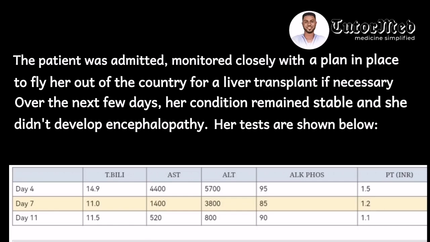And through till day 11 on the ward, the bilirubin had come down, although it was still above the initial total bilirubin, which was 8.3. The AST and ALT had come down drastically, and the INR had drastically improved to 1.1, which was borderline normal.